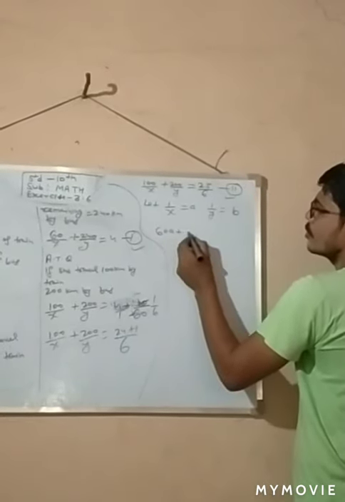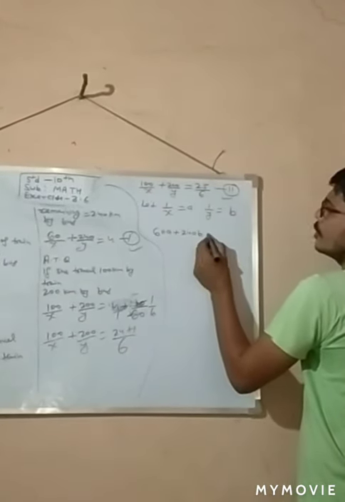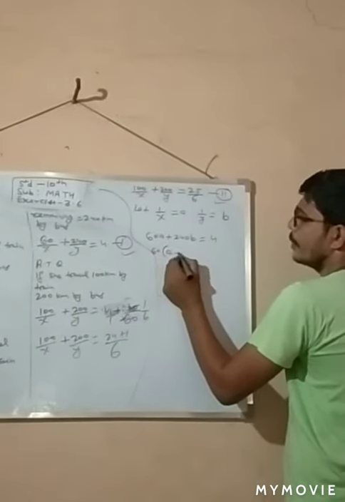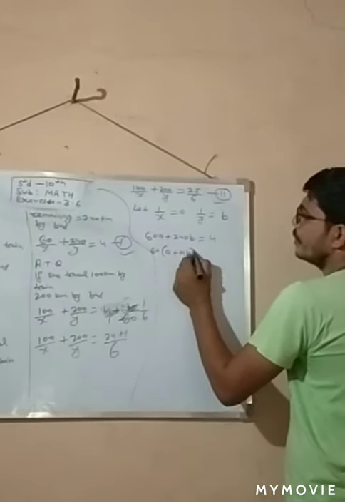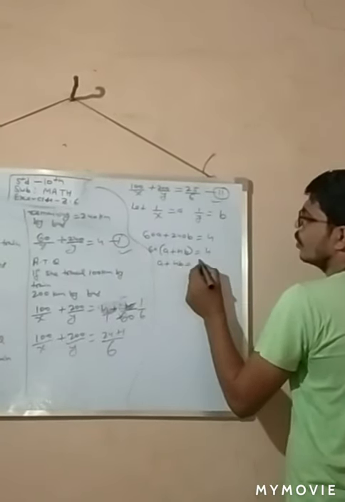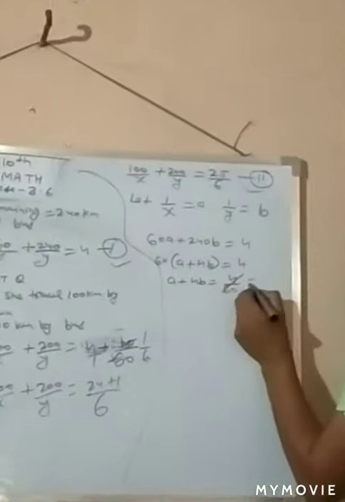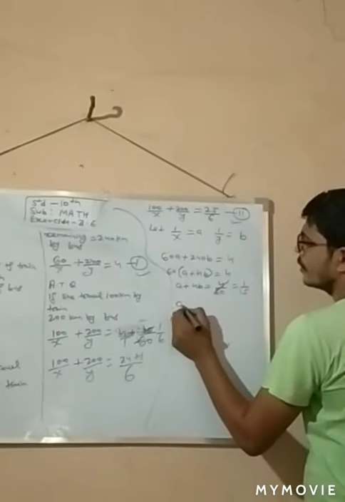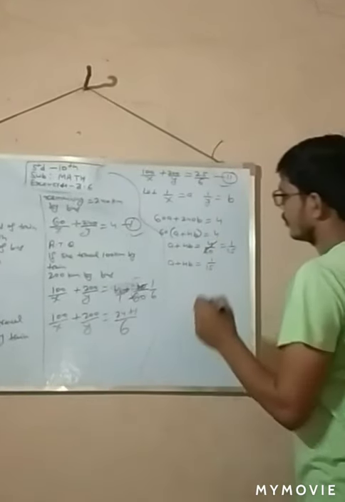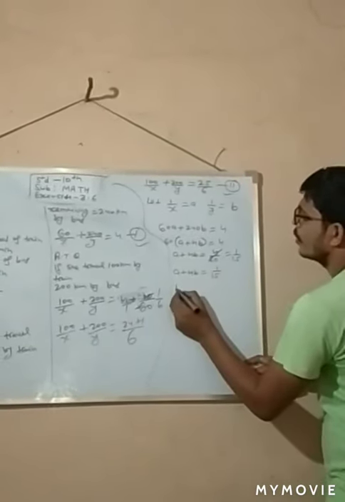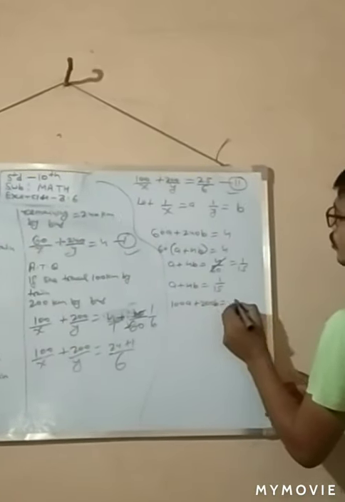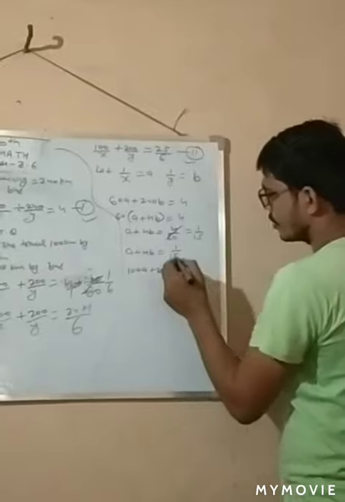So 60a plus 240b is equal to 4. Now 60 common. a plus 4b is equal to 4 upon 60. Now 1 by 15. a plus 4b is equal to 1 by 15. Now second, 100a plus 200b is equal to 25 upon 6.